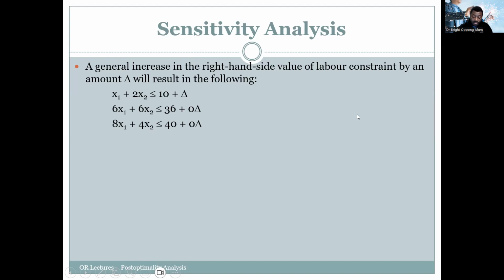Assuming that there is an increase in the right-hand side, or there's a change, we are representing that by the delta sign. So we add each of them. This one is the change in the labor, which is the first one, and this is the material. We are holding the rest constant. We are holding these two constant. That's why we said there's no change, 0, and there's no change here.